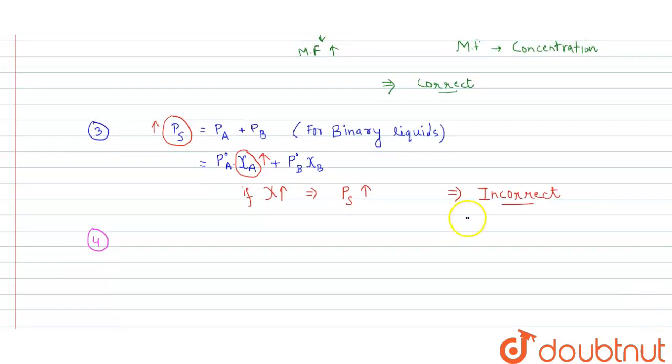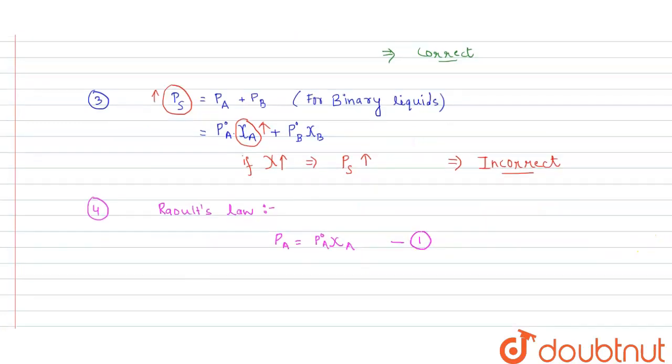What is the concept behind it? See, the expression as per Raoult's law for partial vapor pressure can be written as PA is equal to P0A chi A, that is the vapor pressure of the pure component multiplied by the mole fraction. This is the expression as per Raoult's law. Let me number this equation as 1.